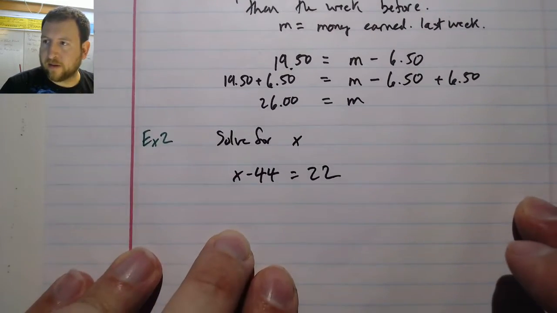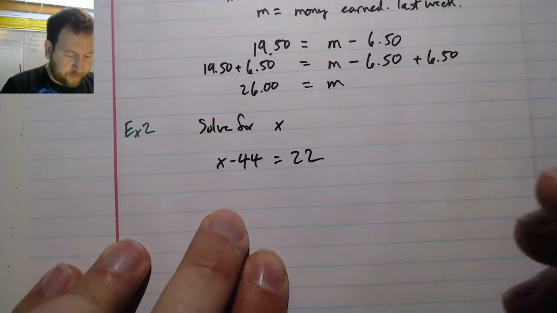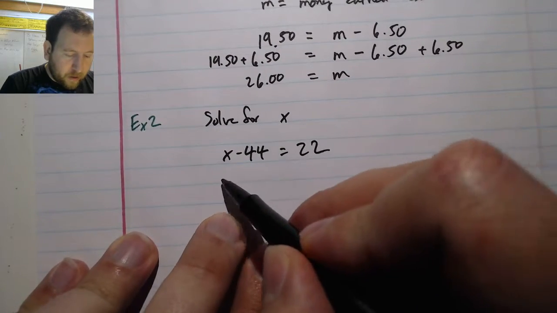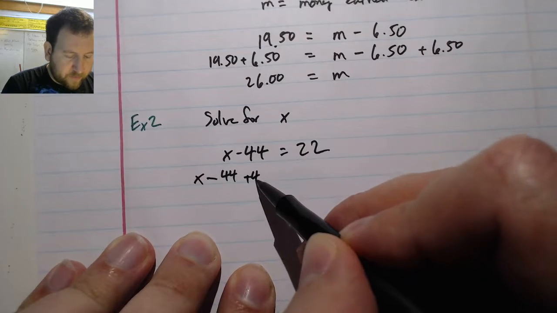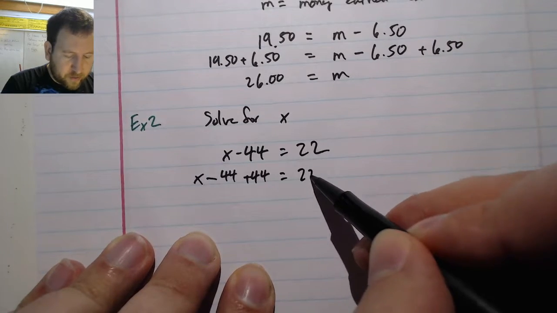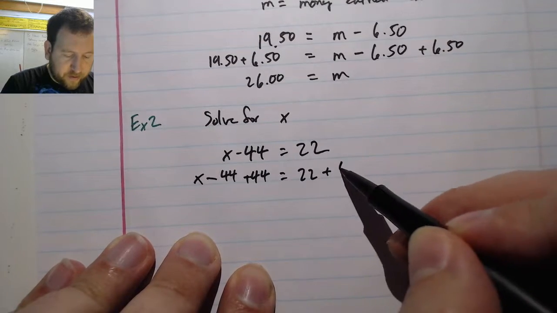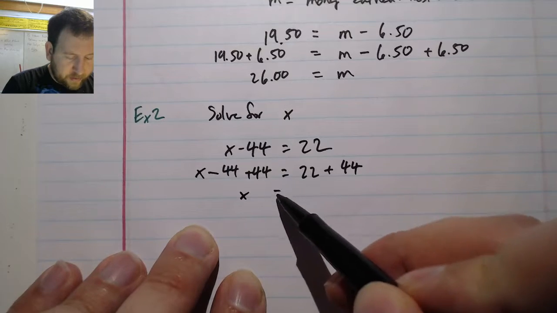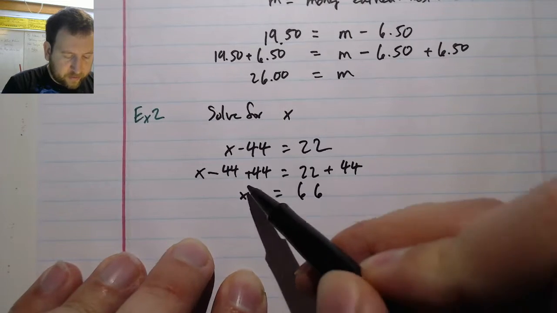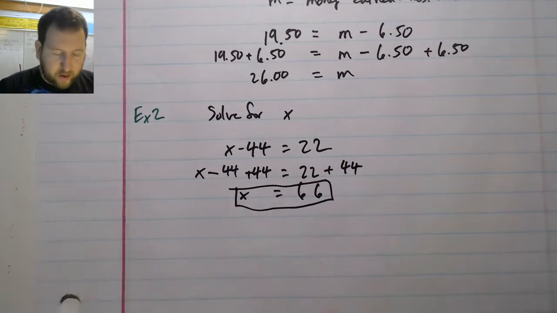Oops, I hope I wasn't off the page that whole time. I think I might have been, sorry. Let's solve it. X minus 44 plus 44 equals 22. Since I added 44 to this side, I'm going to add 44 to this side. X equals 66.